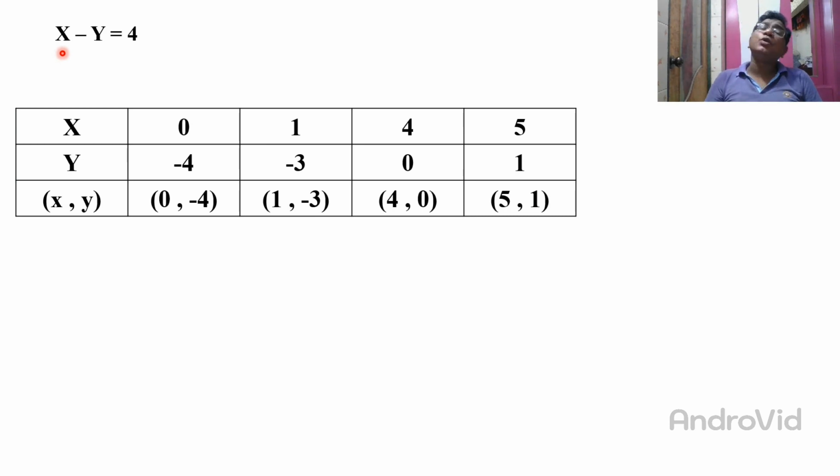I already explained you can take 0, 1, 2, 3, 4, 5, but not greater than 5 or 4. So here first you take x value 0. So 4 minus 0, what remains? 4. But y has a negative sign. I already explained in the last problem, a variable never has a negative sign.